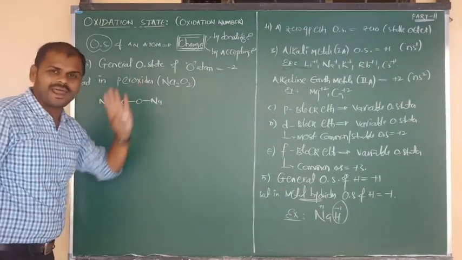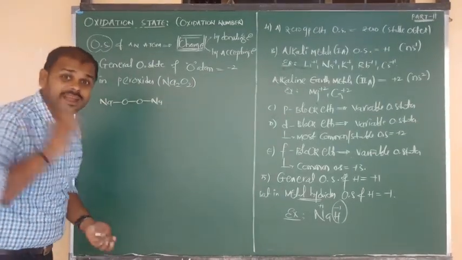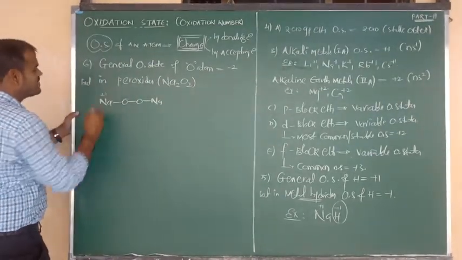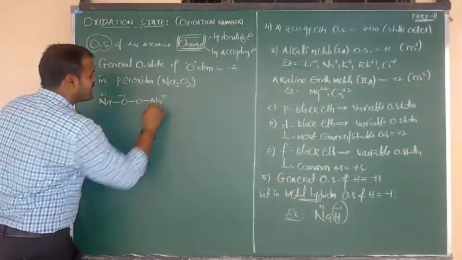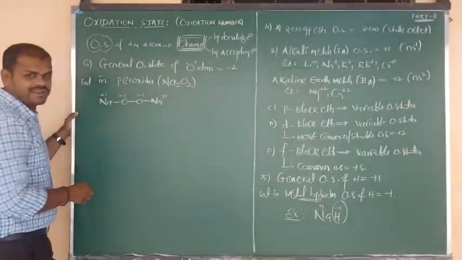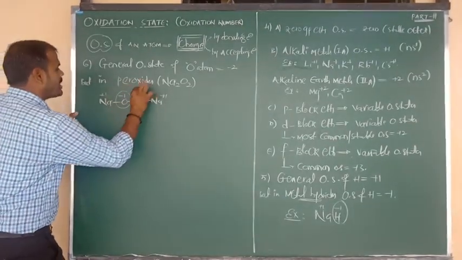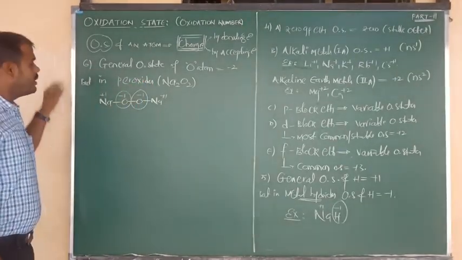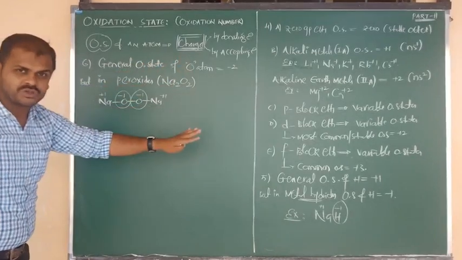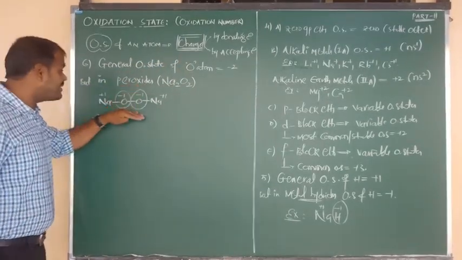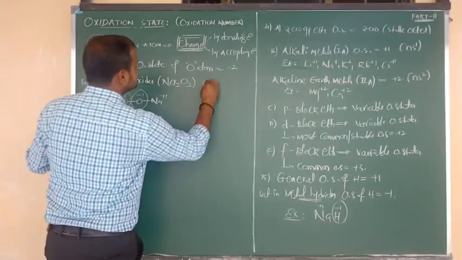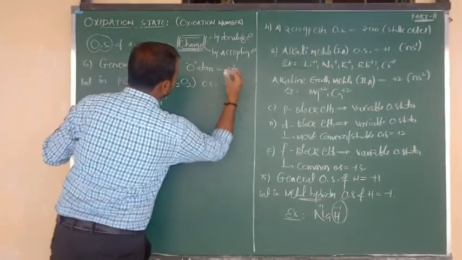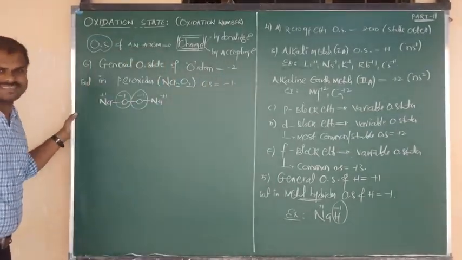Sodium always contains +1, so oxygen contains -1. So this is called peroxy-oxygen. General oxidation state is -2, but in peroxide compounds, both oxygens have oxidation state -1. I hope you understand.